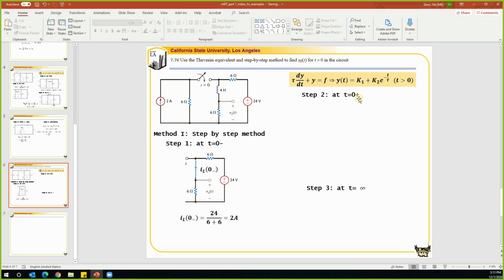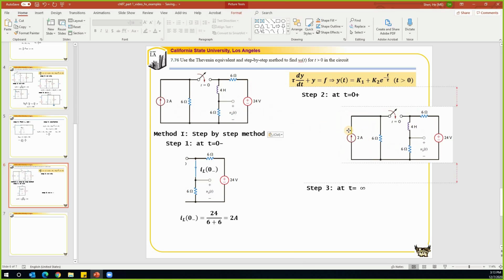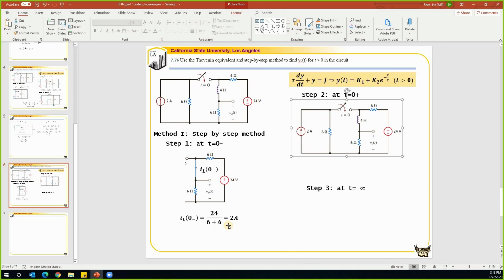In the second step, at t equal to 0 plus, this switch will be closed, and we have a different circuit now. At 0 plus, this inductor will be a current source with the same value as IL at 0 minus. So let's draw the circuit.